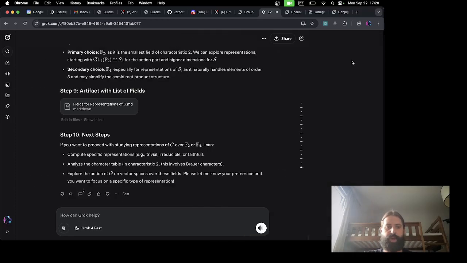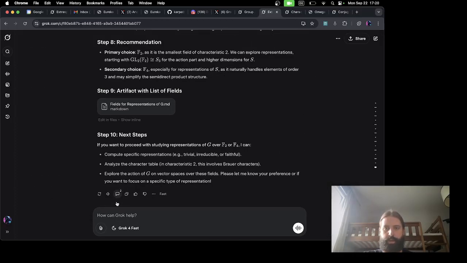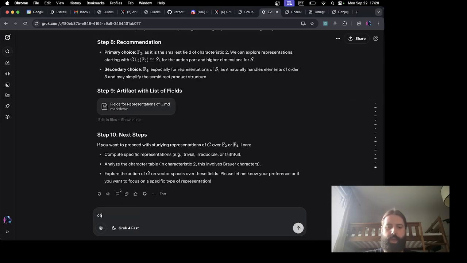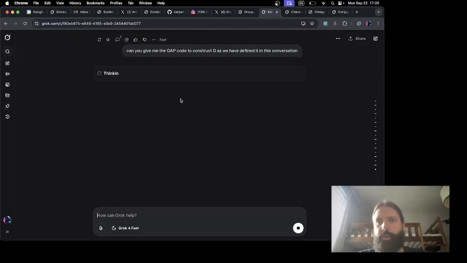So let's close this thread. It's nice because you can actually access the thread here. Can you give me the GAP code to construct G as we have defined it in this conversation? Let's get to these first.